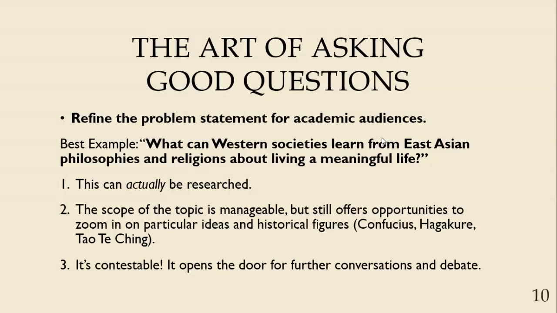It's not based on your subjective experiences or anything like that. It opens up the door for conversation, and we can actually get somewhere with it. Whereas the previous two questions more or less had dead ends. The first one had all the dead ends. The second one gave you a little bit of wiggle room, but something like this can really be researched, right?